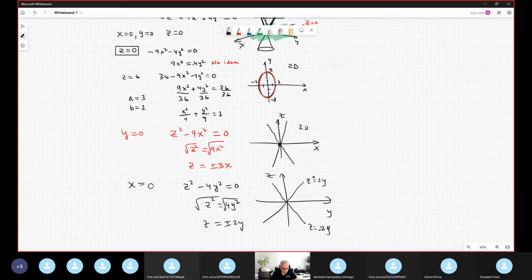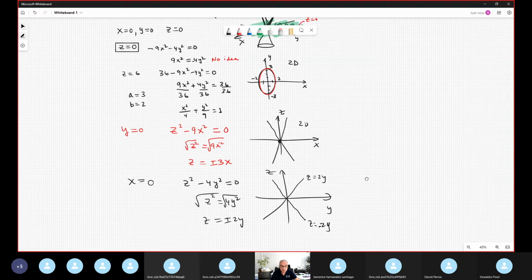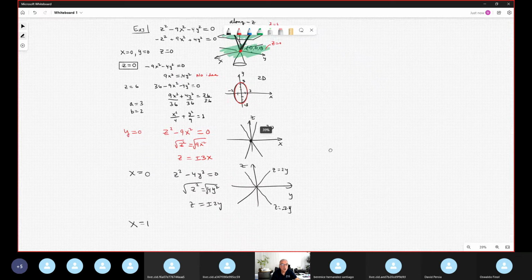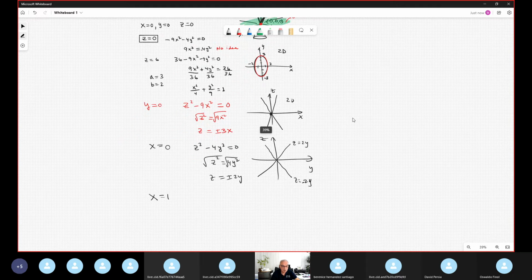Curiosity. On the paper, I create another trace to understand this much better. You are free to apply any trace, and you know how we can do it easily in algebra using the plane and intersecting. Suppose x equals 1. I plug in x equals 1 in the original equation. So z squared minus 9 minus 4y squared equals 0.